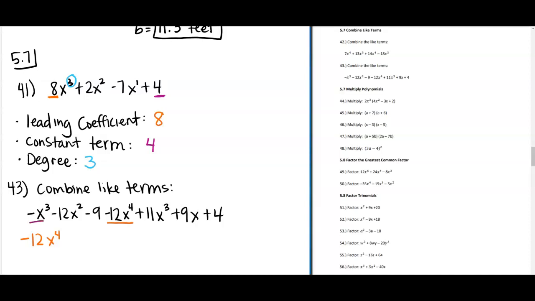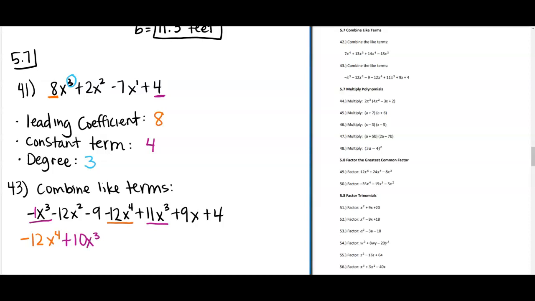Remember there's an invisible 1 here, so it's saying negative 1x to the third and 11x to the third. So negative 1 plus 11 gives me a positive 10, so I'll have plus 10x to the third.